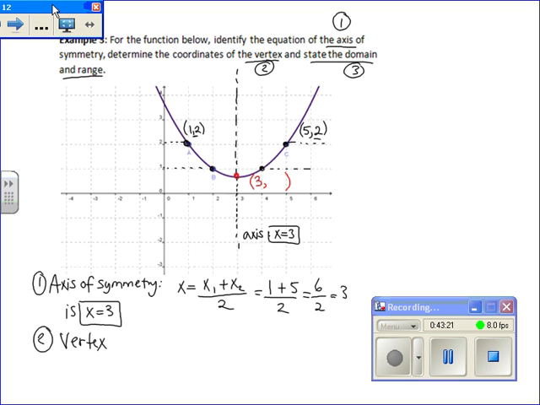So that's what I'm going to do. I'm going to plug in x equals 3 into my equation. Now, if I had an equation, which I don't here, I would normally plug that in. So for this one, I know that this lies on the axis of symmetry.